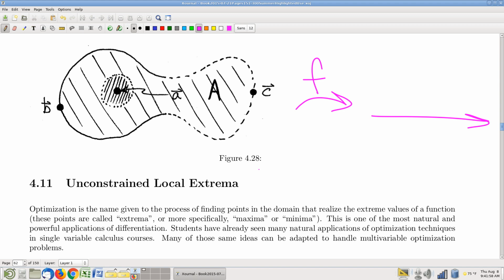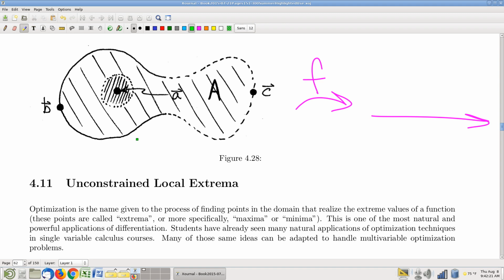Okay. Well, here we have a harder problem. Here we have a domain that's not just an interval. Now our domain is more than one-dimensional. So, for example, it might be some lumpy shape like this. What do you do? How do you deal with this? Well, there are a lot of analogies, but there are a lot of differences. Here's one of the analogies.